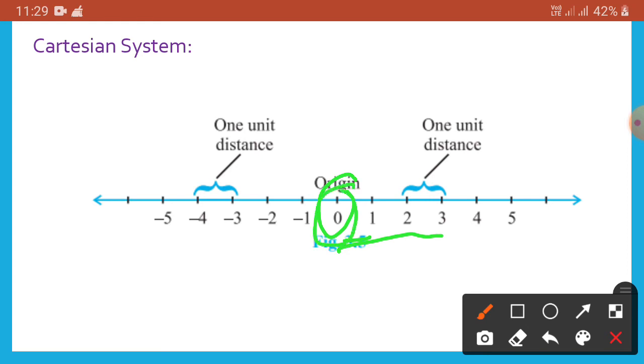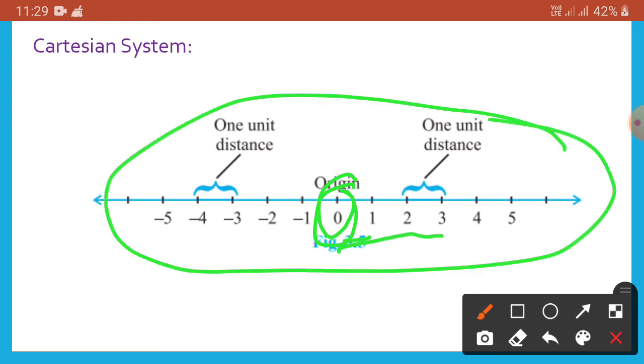The point in the positive direction at a distance r from the origin represents the number r. The point in the negative direction at a distance r from the origin represents the number minus r. The locations of the different numbers on the number line are shown here.